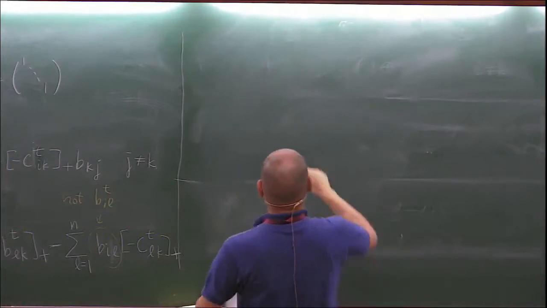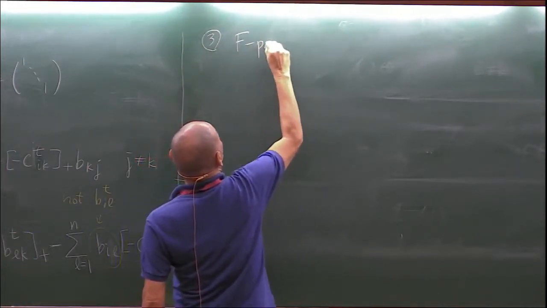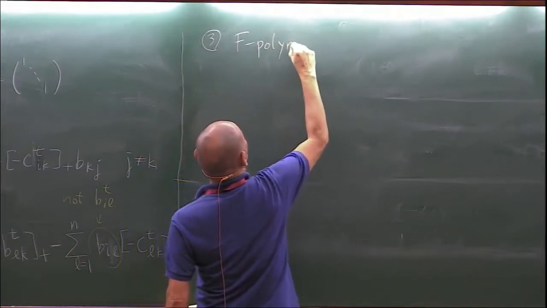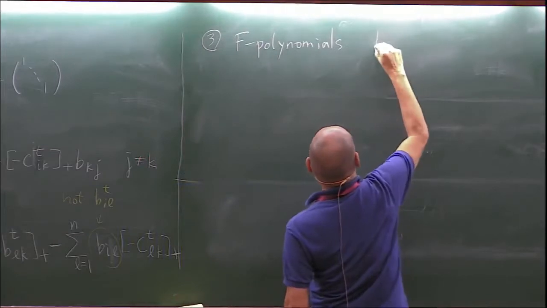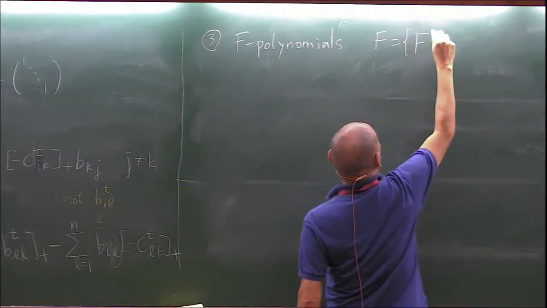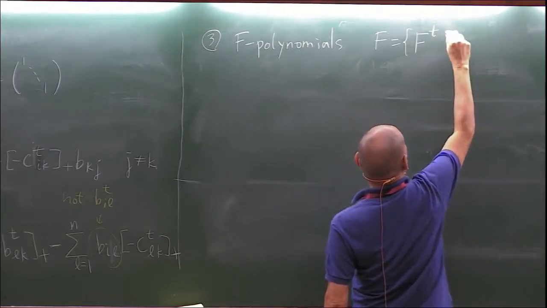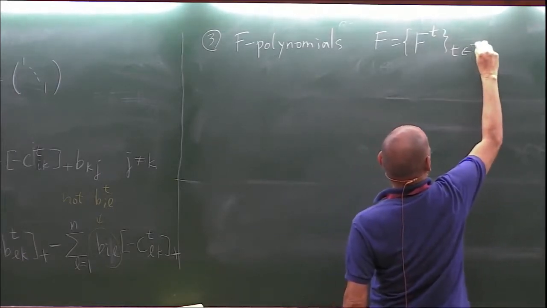And finally, one more thing is called F polynomials. It's an assignment, once again, of a set of polynomials at each vertex t, which I'm going to write.